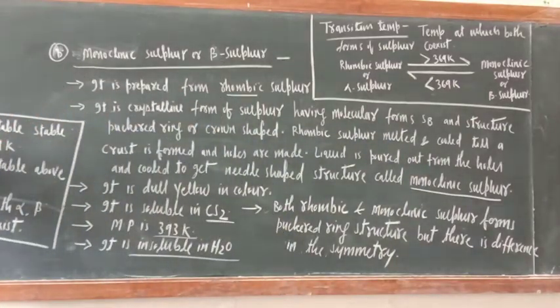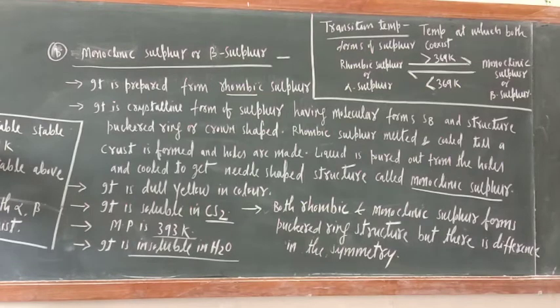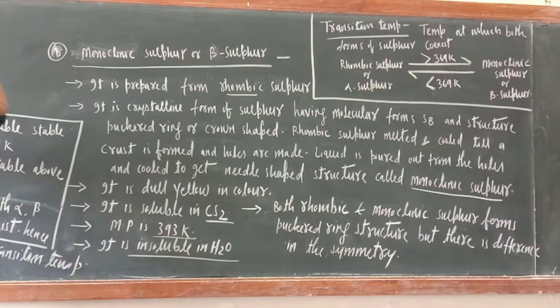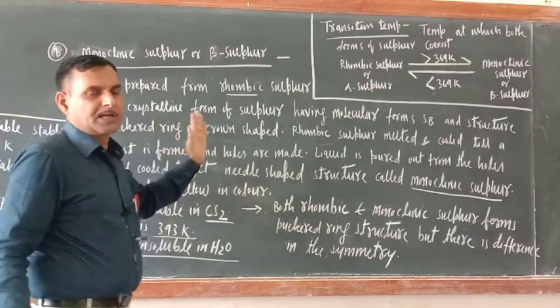Alpha sulfur is stable below 369 Kelvin temperature. Beta sulfur is stable above 369 Kelvin. At 369 Kelvin, both alpha and beta sulfur coexist. Hence it is the transition temperature for them. Okay. So in this way, your beta sulfur is also completed.